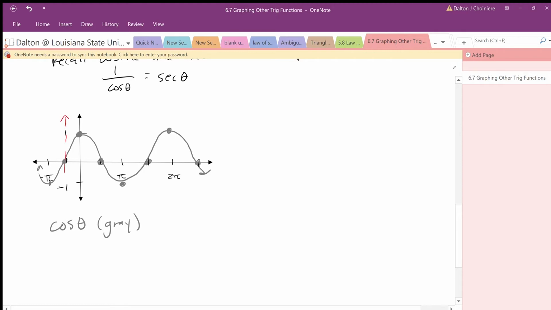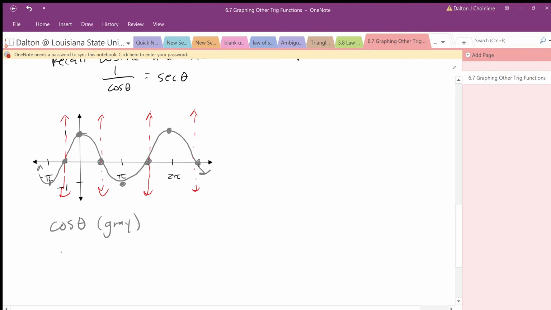So you can graph your asymptotes that intersect these x-intercepts from the cosine graph. It will look extremely similar to the cosecant graph.